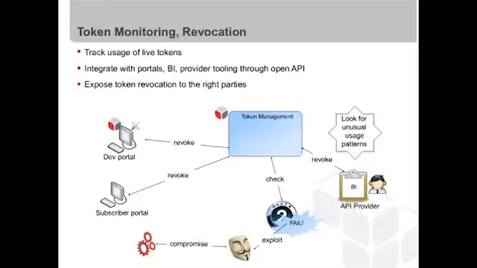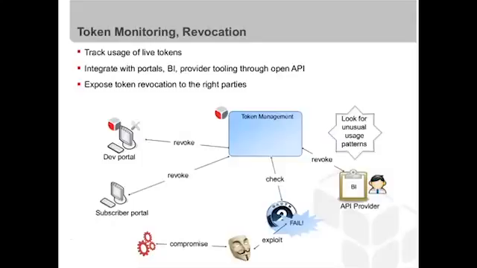So I've gradually introduced the concept of token management and how it's being used during handshakes and during API consumption, but token management in itself is an asset that can be leveraged in other ways. Being able to monitor how often specific tokens are being used can be useful to the different parties involved.